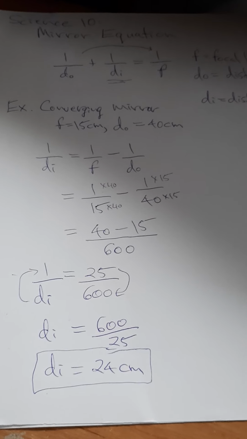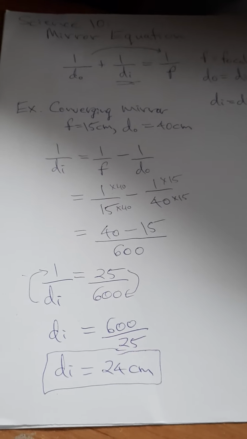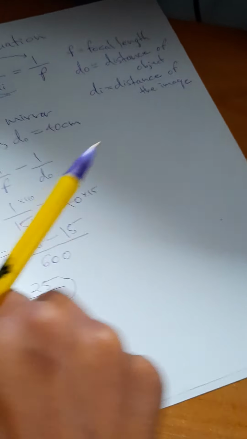All right, so let's try one more example here. We're going to try using this same formula one more time. So determine the image distance in the following situation. I have a diverging mirror, and then I'm given the focal length.